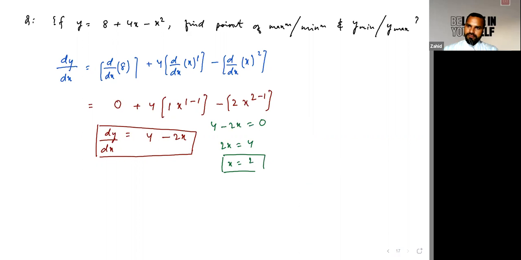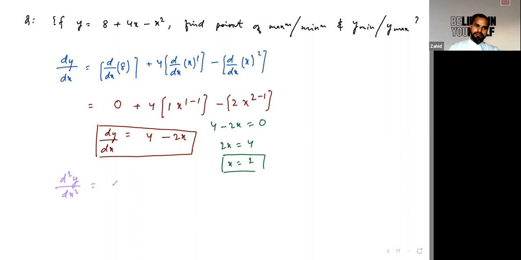Now, how to define whether this particular function is maximum or minimum? So we have to check it by using second derivative test. Just differentiate the function once again. That is second derivative.